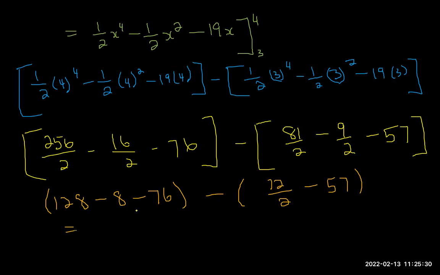And then 120 minus 76 is going to give me 44. And then this is minus 72 divided by 2, that's 36. 36 minus 57 is going to give me minus 21. And yeah, 65. You understand that?